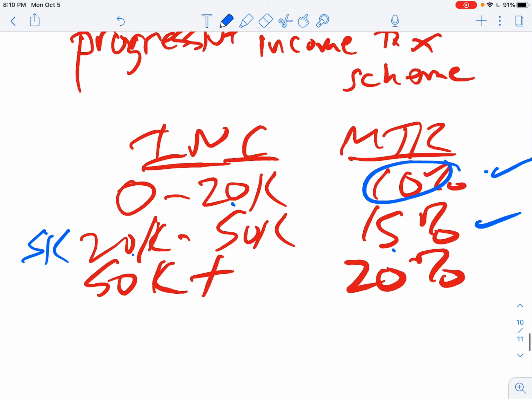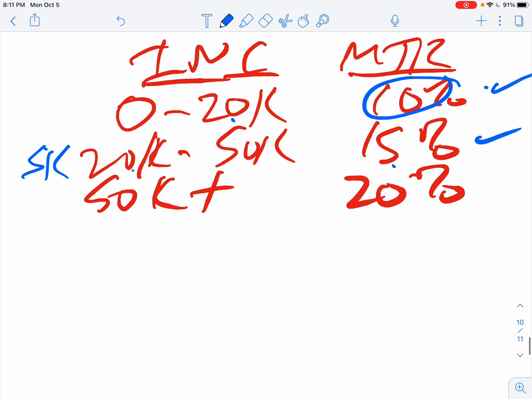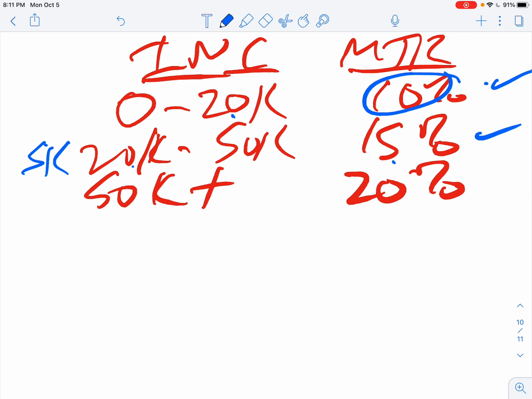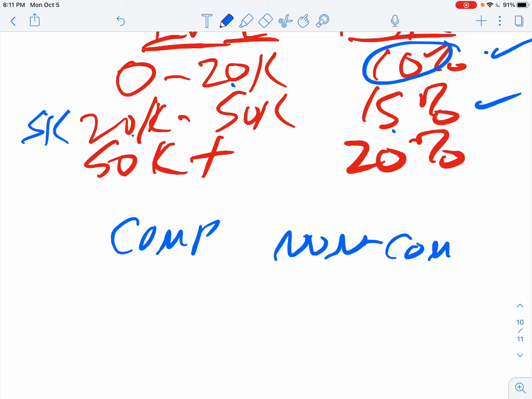Okay, so the spreadsheet called Treasury Security Auction Set looks at a case when there are different groups in an economy that have different marginal tax rates. The spreadsheet is looking at an auction where the government is trying to borrow money, and you have competitive bidders and non-competitive bidders.